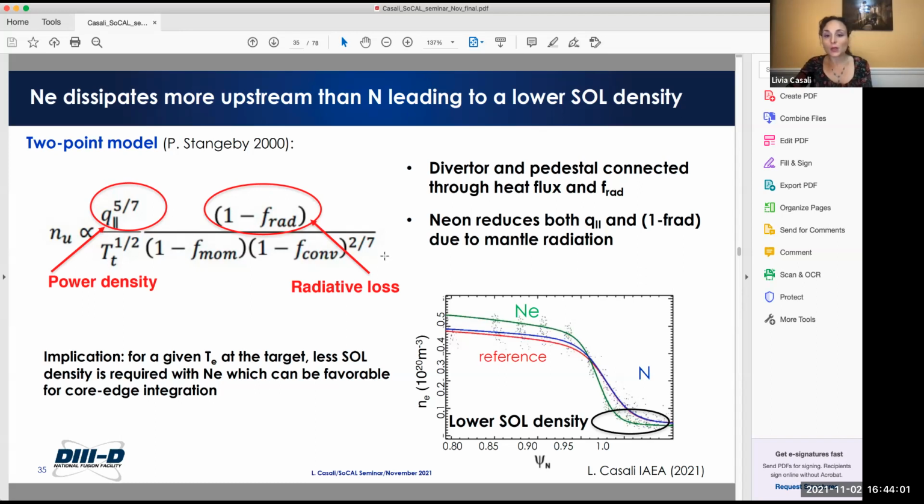As we can see, neon reduces both q parallel and 1 minus f rad because of this dissipation upstream. The implication, just by looking at the equation, is that for a given temperature at the target, we need less scrape-off layer density, which can be favorable for core edge integration. And this is exactly what we found plotting the profiles: with neon we have this lower scrape-off layer density.